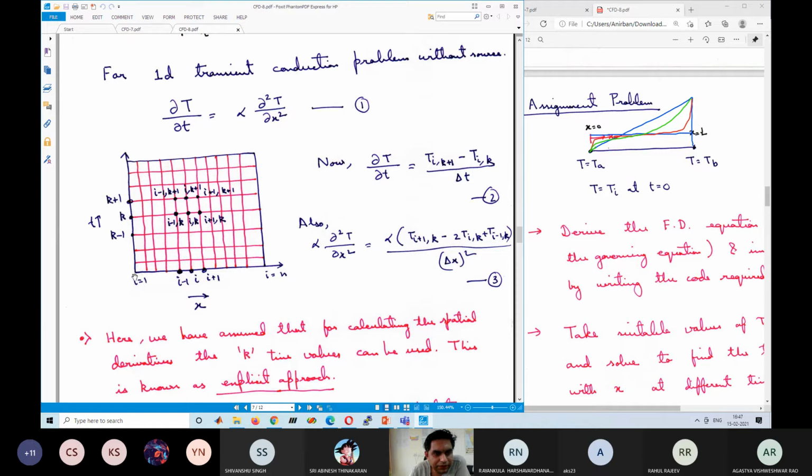These n points are represented by the index i. So i varies along the x direction, i equal to 1, i equal to 2 like this. Some general point is index i, next point is i plus 1, before that is i minus 1, like this up to i equal to n. What is the second direction? Second direction is the time direction, not y direction. So the time direction index, let us call that k.